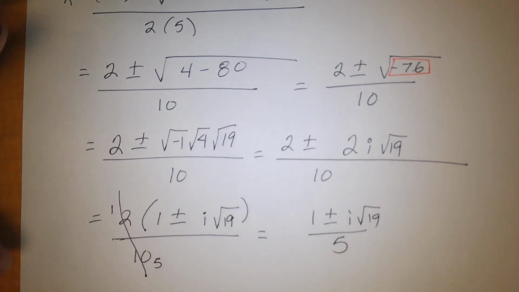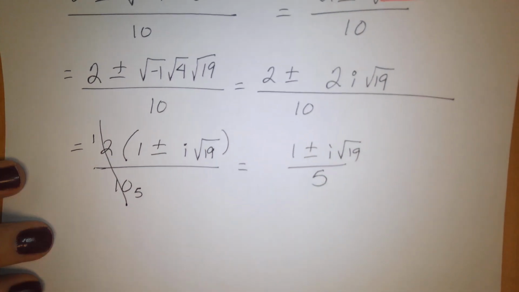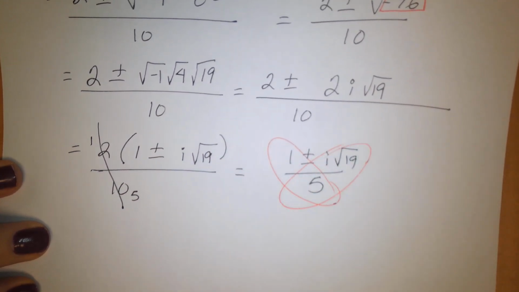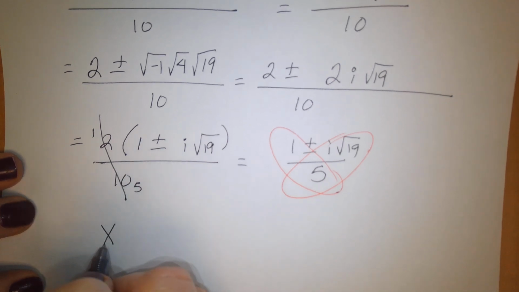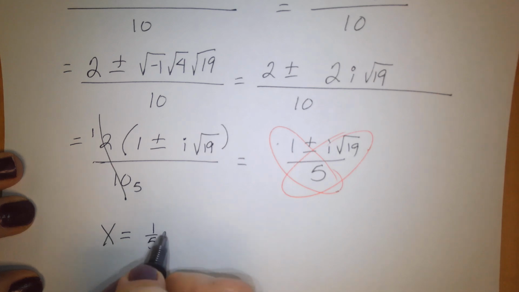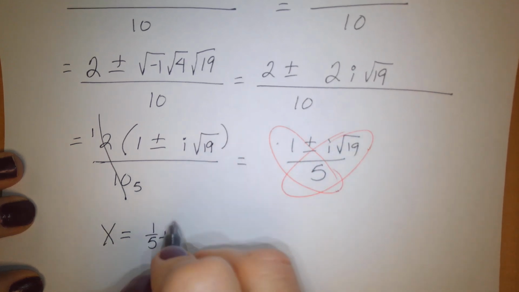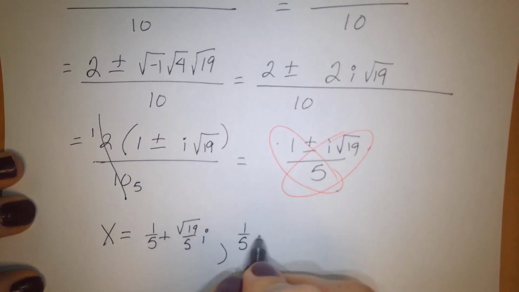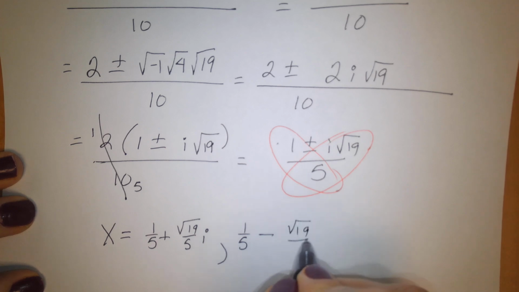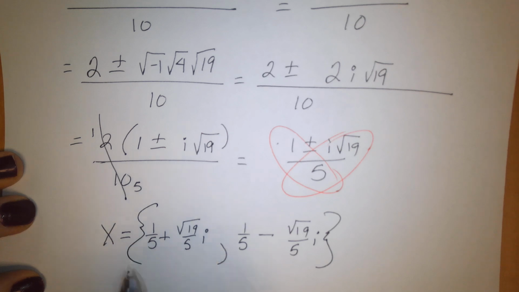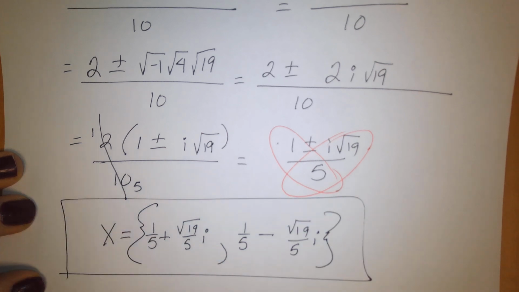But remember, we generally want to write these as two separate fractions, with the real and the imaginary parts separately. So my two answers are 1/5 plus square root of 19 over 5 i, and my other answer is 1/5 minus square root of 19 over 5 i. So those are my two answers.